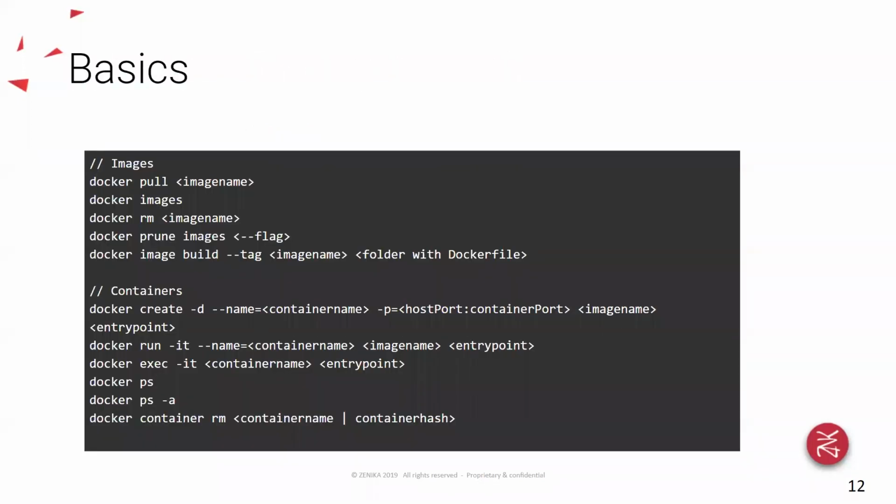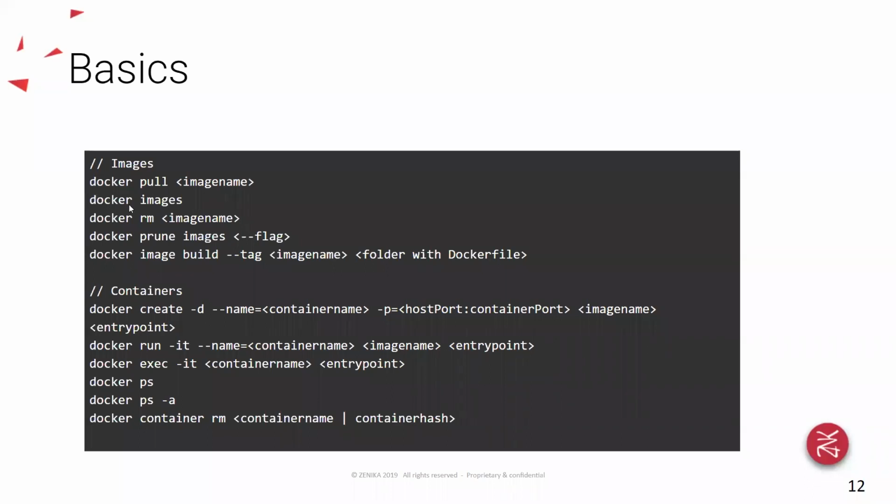Okay, with that out of the way, let's look into some of the basic commands of Docker. What you see on my screen, I'm just going to run through them and explain them one by one. Those of you who have used Git, the docker pull command is like the git clone command.